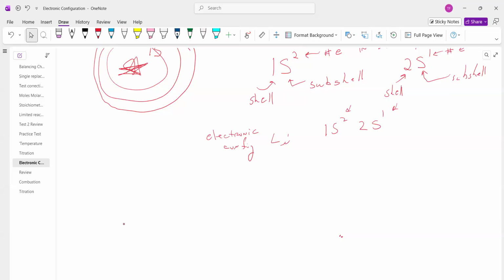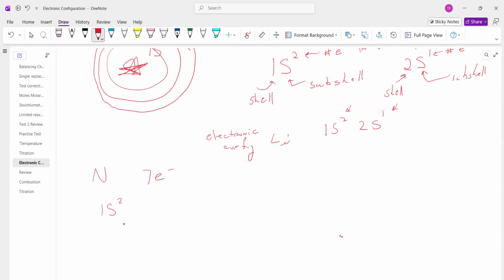All right, so let's look at nitrogen now. Nitrogen has 7 electrons. So we need to have a series of s's and p's that add up to 7. We start with the innermost orbital, 1s2.